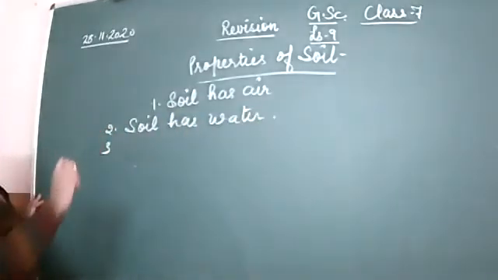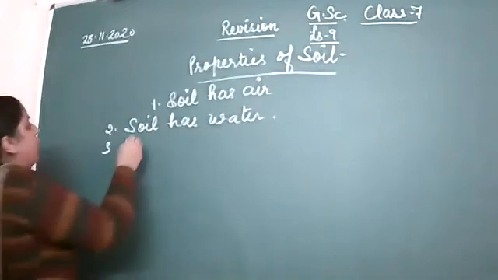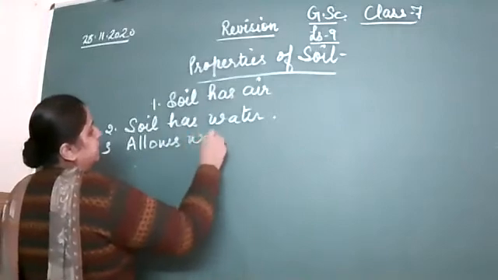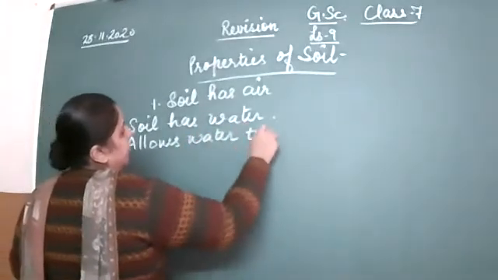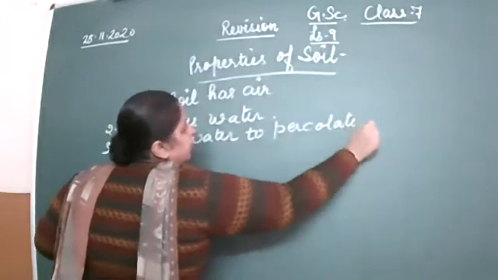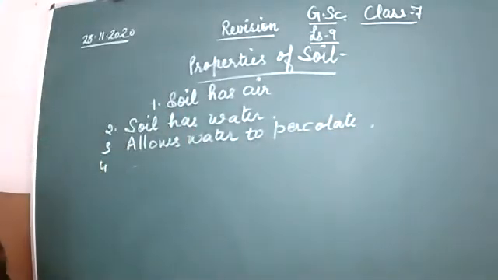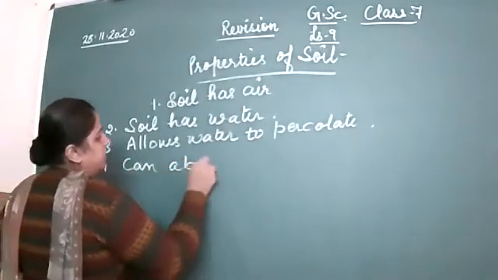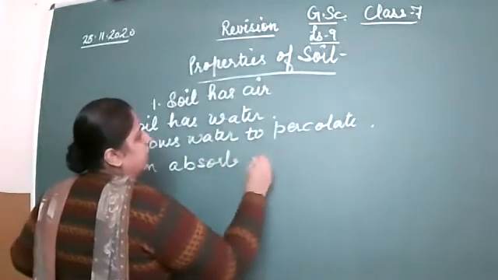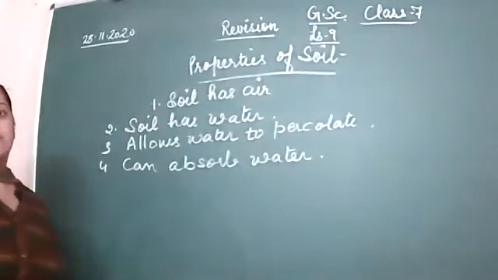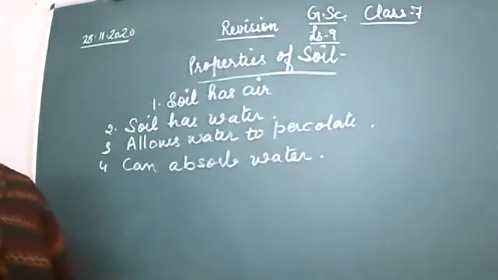Then number three, it allows water to percolate. We will, of course, be discussing the meaning of percolation also. Then our fourth, last property is, it can absorb water. Right? Now, let us explain these properties one by one.